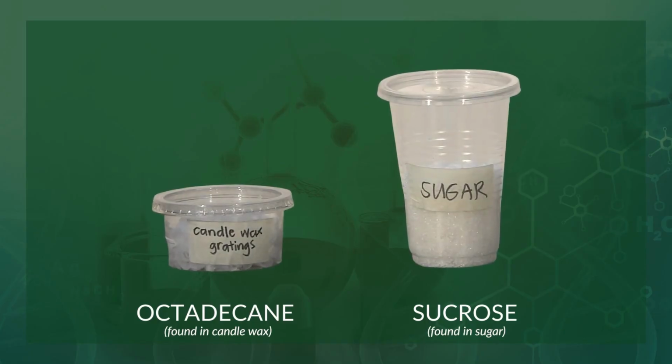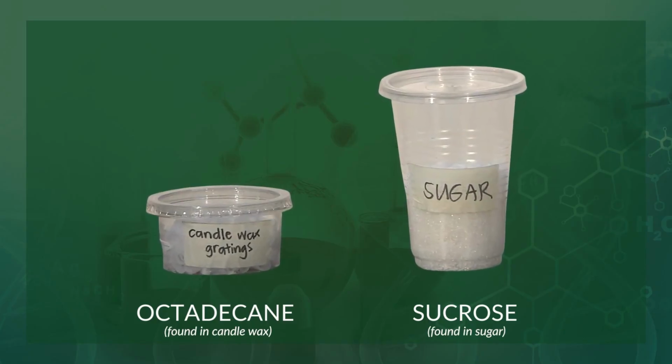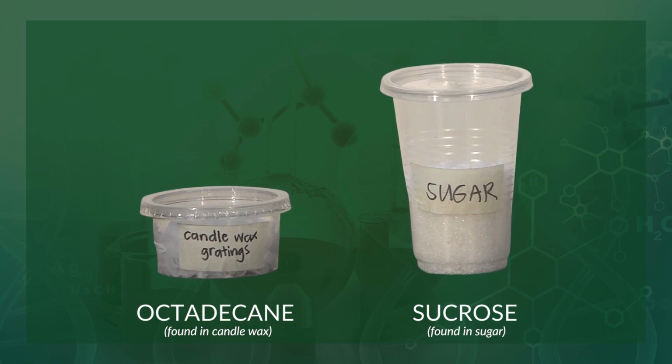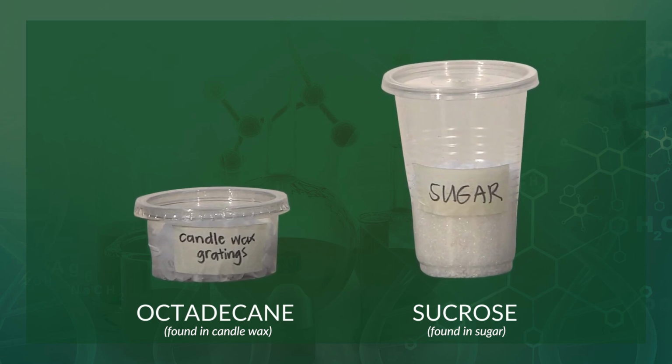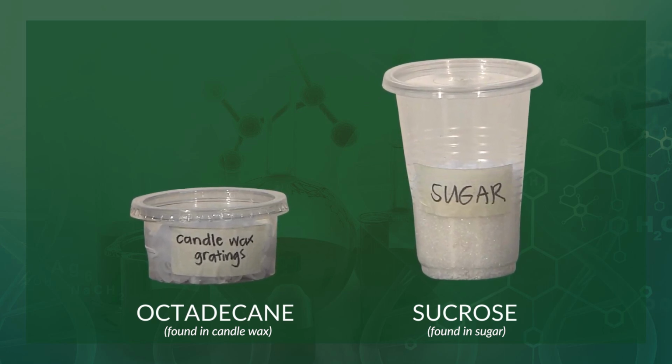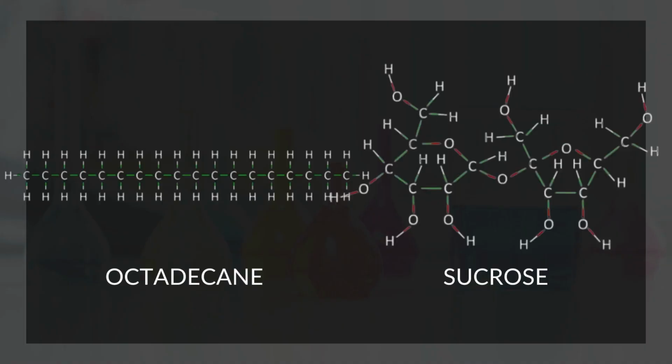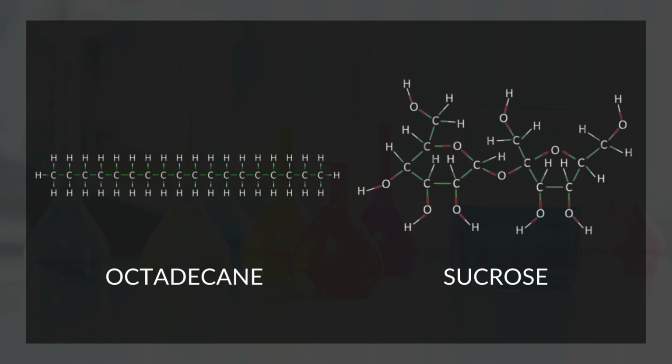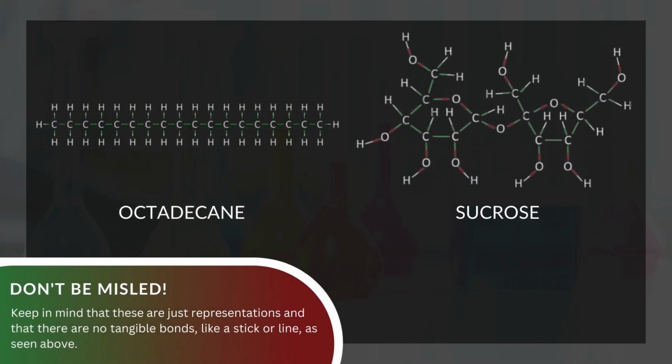In the first part of this video series, sucrose and octadecane are the covalent compounds. These substances are composed of covalently bonded atoms. These are the molecular representations of those compounds. See those green and red lines between the element symbols? Those are representations of the covalent bonds between atoms.